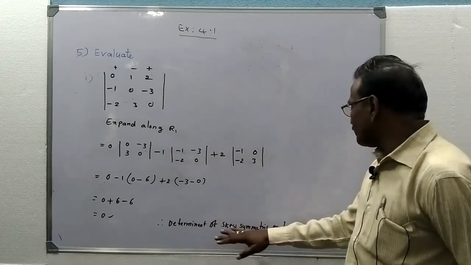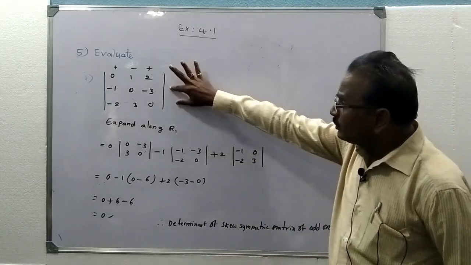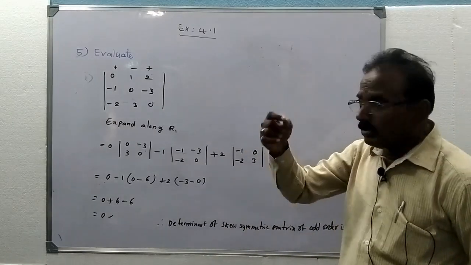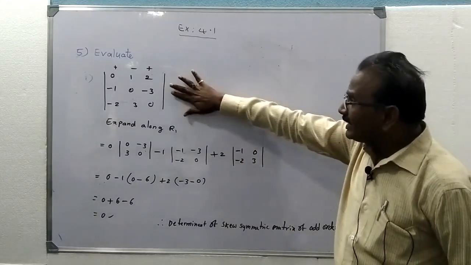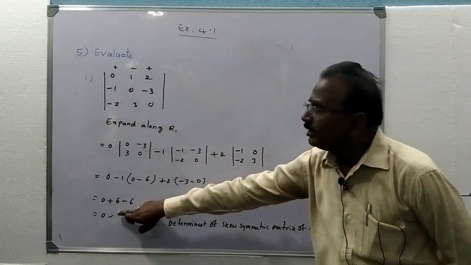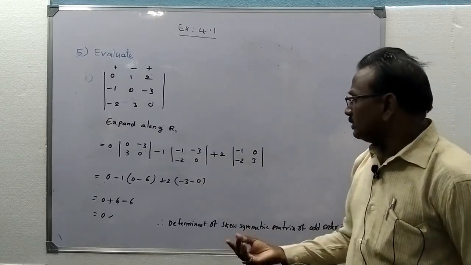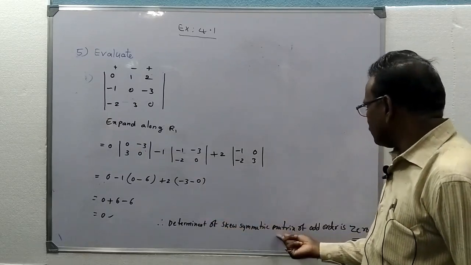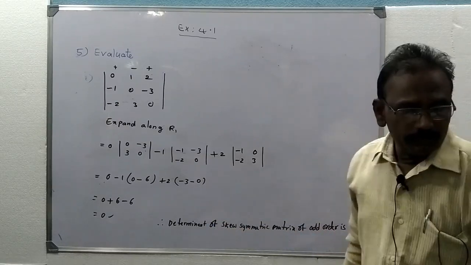Because this is a skew symmetric matrix of order 3, which is an odd number, therefore without expanding, we can say that the determinant of a skew symmetric matrix of order 3 is definitely 0. So therefore the property is: the determinant of a skew symmetric matrix of odd order is 0. Right.